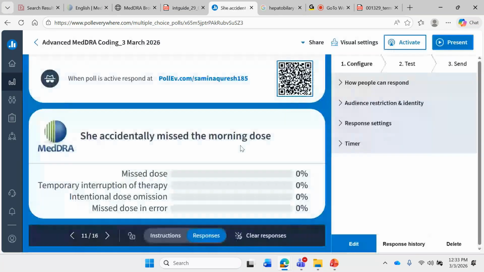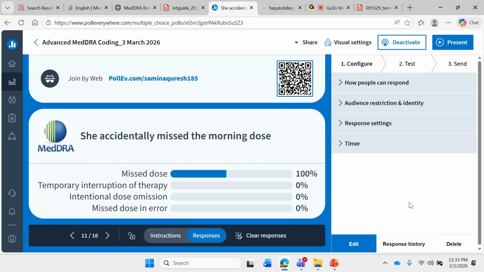Let me activate this. She accidentally missed the morning dose. Okay. So we have to take everything that the verbatim is telling us, take that into consideration when we choose an LLT.